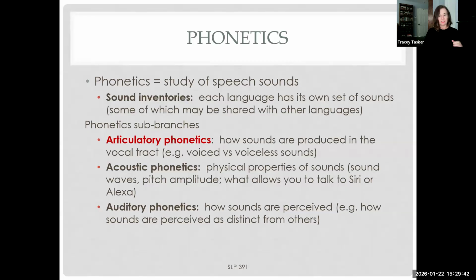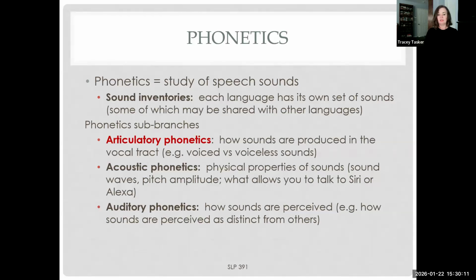And if we talk about technology, one of my first jobs before I became a speech therapist was working with Bell Labs on the technology that is now Siri and Alexa, and recognizing those subtle differences in how sounds are perceived and how we can then translate that to meaning.